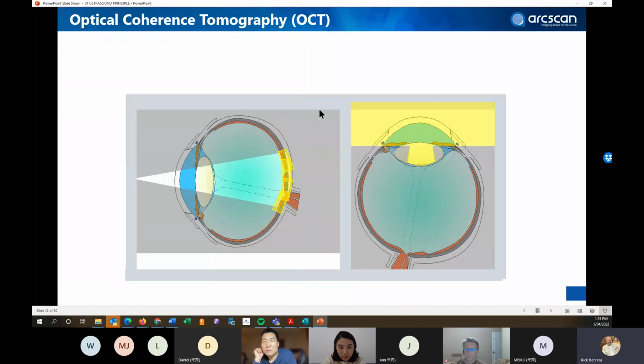So if you see the OCT here, it's great, but it doesn't give you any information behind the iris, in the ciliary body, in the zonules, or what's happening here in the crystalline lens. So the OCT is great for a front picture, but it doesn't show anything in the back. We show everything. We will show this area and that area completely.